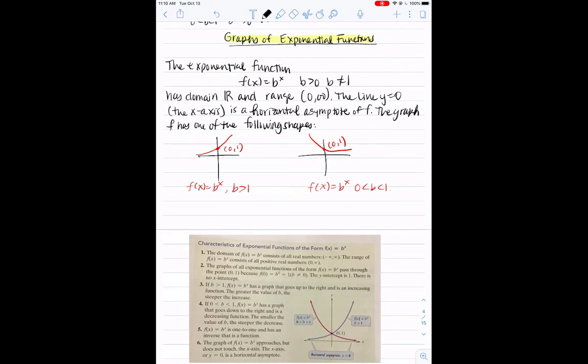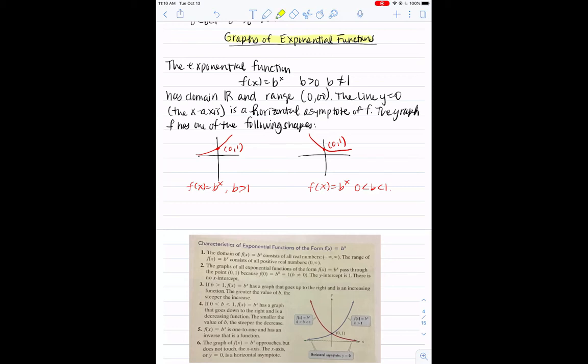So some more about our graphs. We have our exponential function, f(x) = b^x, where b is greater than 0 and b is not equal to 1. So this has a domain of the real numbers, and our range is from 0 to infinity. So we have the line y = 0, the x-axis, as a horizontal asymptote of f, and the graph of f has one of the following shapes.